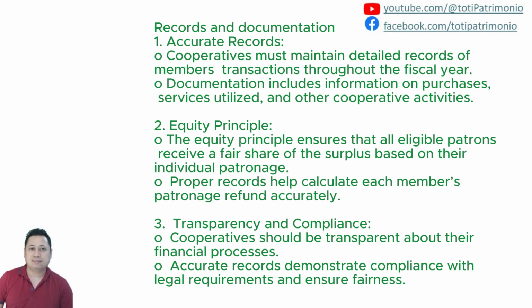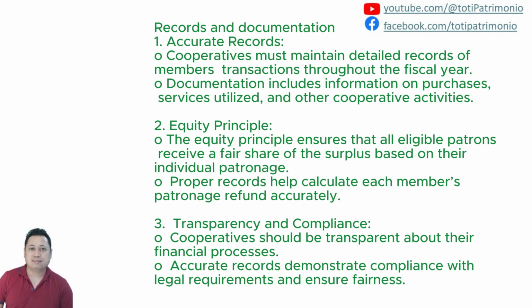Next is transparency and compliance. It is inherent for the cooperative to be transparent and to comply with the policies set forth by the regulatory agencies. Maintaining accurate records demonstrates compliance with legal requirements and ensures fairness.